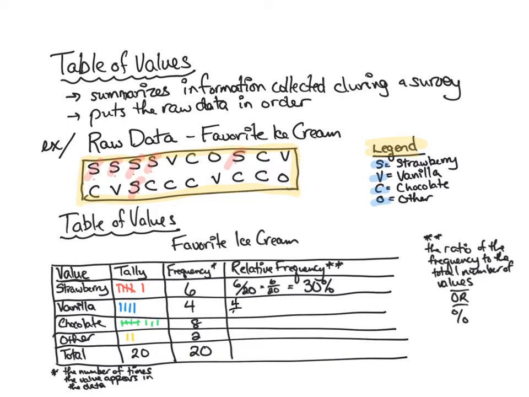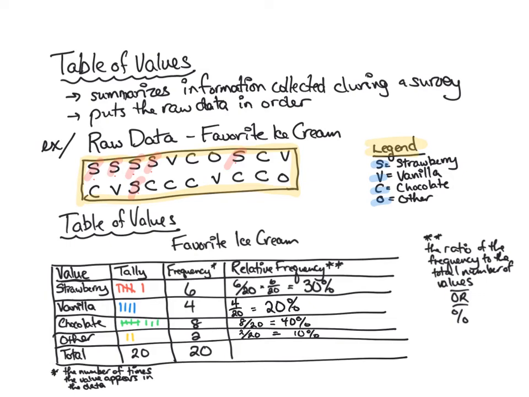4 over 20 will give me 20%. 8 over 20 will give 40%. And 2 over 20 will give 10%.